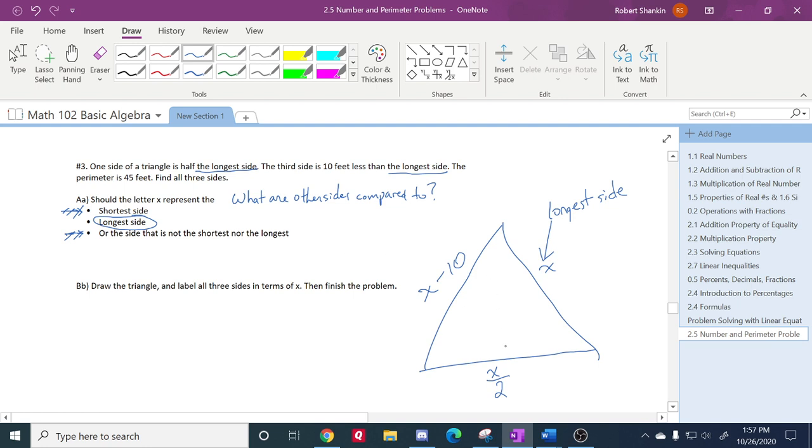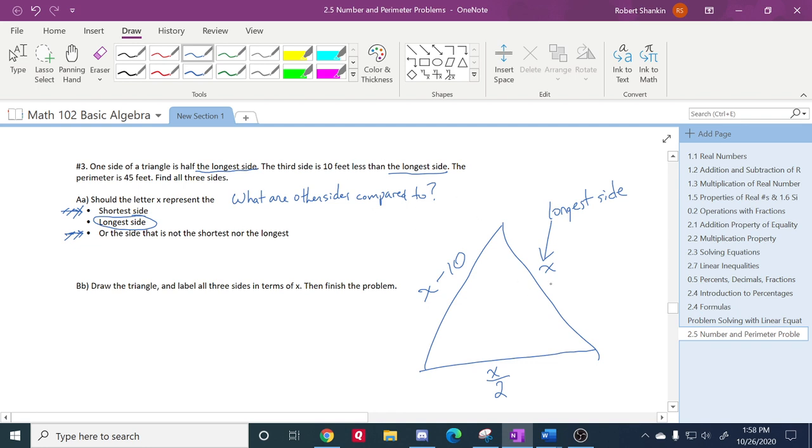For instance, if x was like 20 feet, then to get half of that, which would be 10 feet, you can't subtract 2. That would get you down to 18. You have to divide by 2, and that gets you down to 10. So it's got to be x, and then one is half the longest side. Now you said divide by 2.